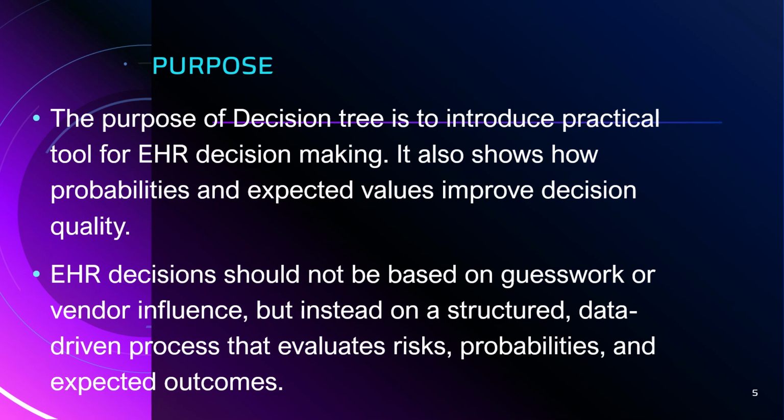When an institution is deciding whether to go forward with implementing a new EHR system, they cannot be influenced by guesswork or by the vendor. It has to be a structured, data-driven process. They have to evaluate the risk, the probabilities, and the expected outcome.